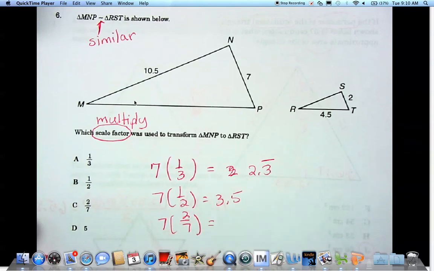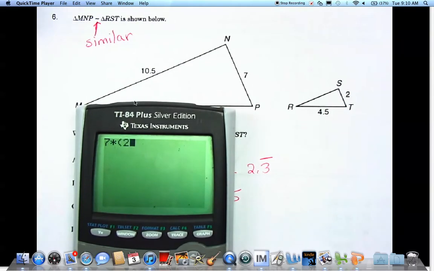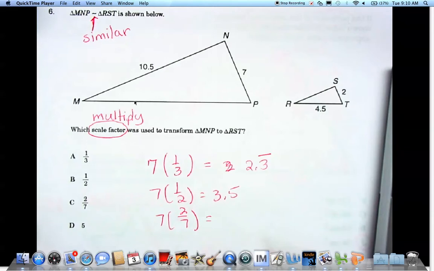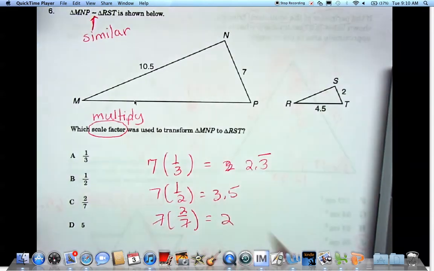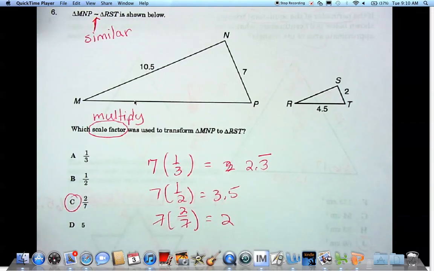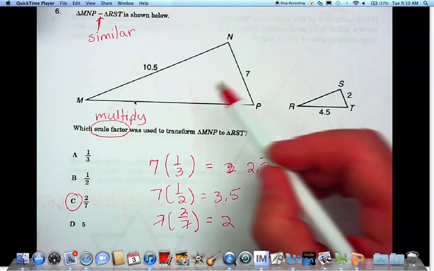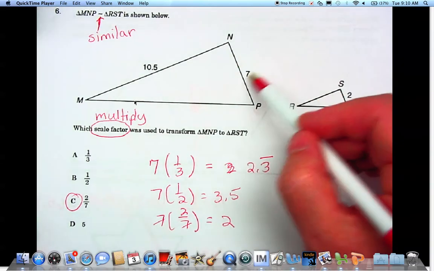Yes, that one works. 7 times (2 divided by 7) is 2. Or you can tell that your 7's cancel, and you get 2. Notice it's not 7 halves. You gotta be careful about that. It's what you multiply the original triangle by to get the new one.